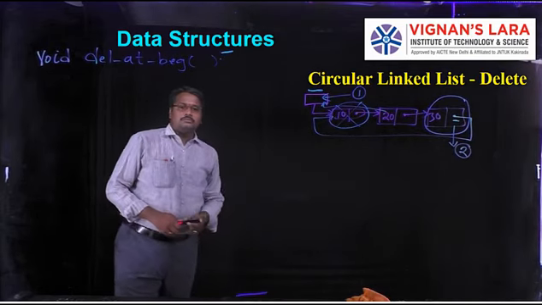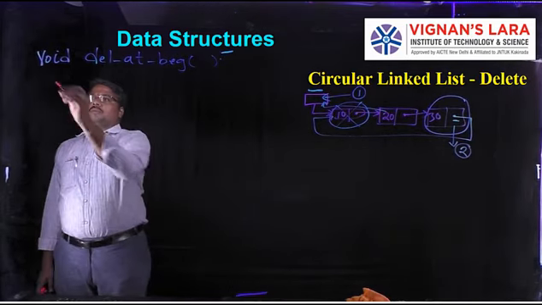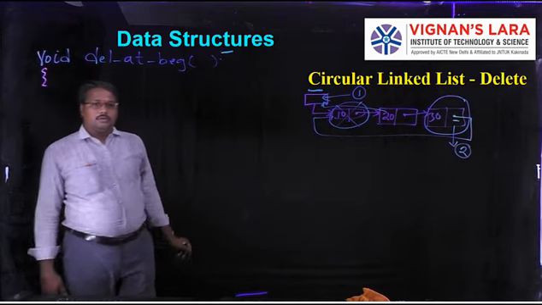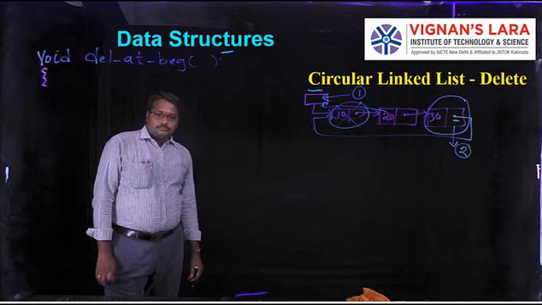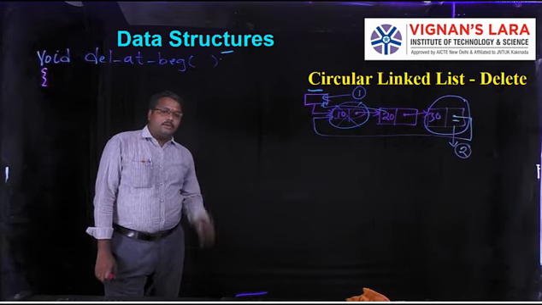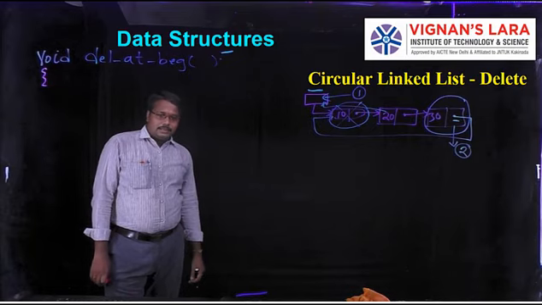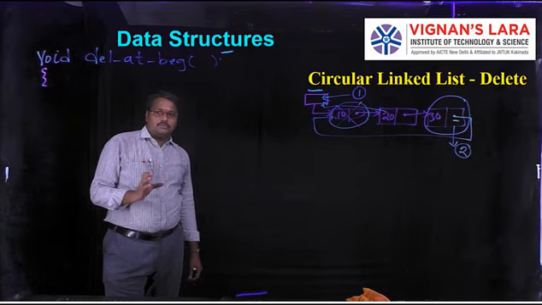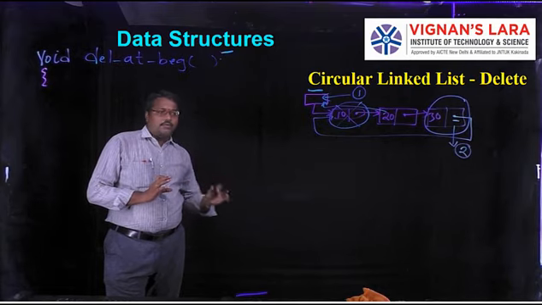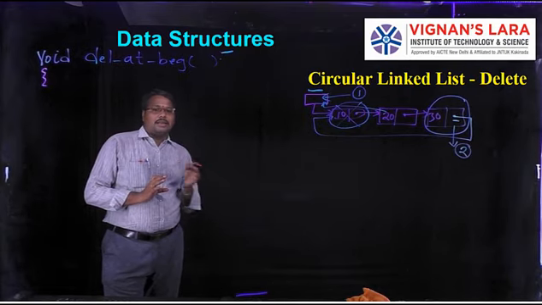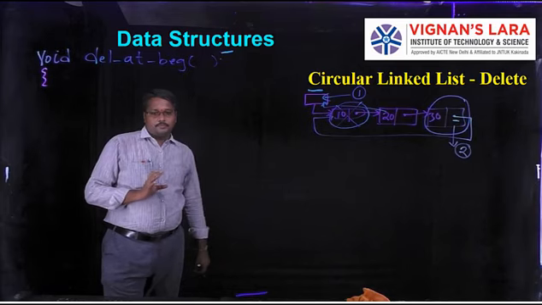So, void delete at beginning. First, whenever we are deleting a node, initially we have to save that node's address so as to free the memory allocated to that node.